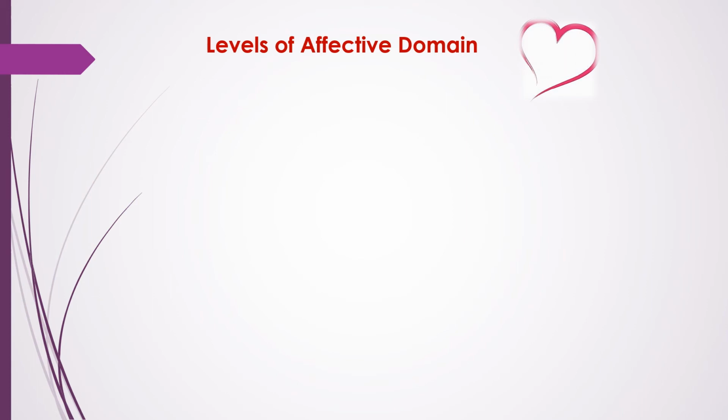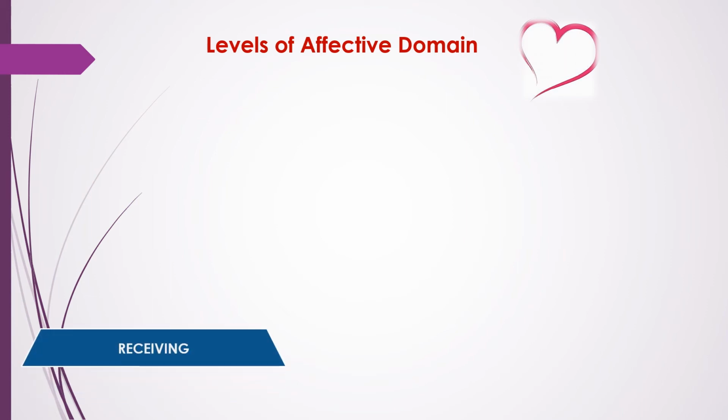So this is also very important for the students to develop their affective domain in such a way to control themselves, and be able to reason out when they feel something bad or something good to them. And this taxonomy or this domain is divided into 5 levels of objectives.